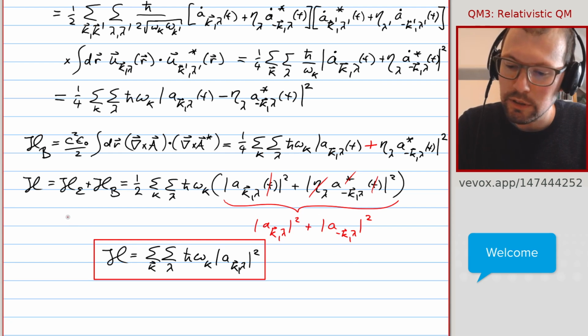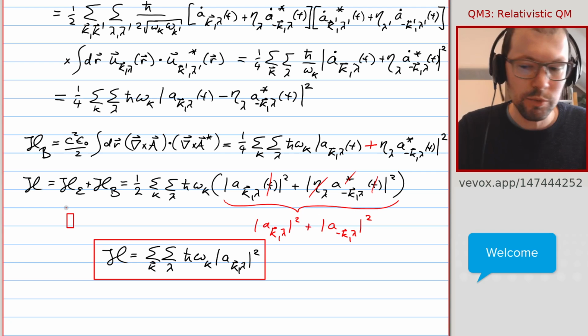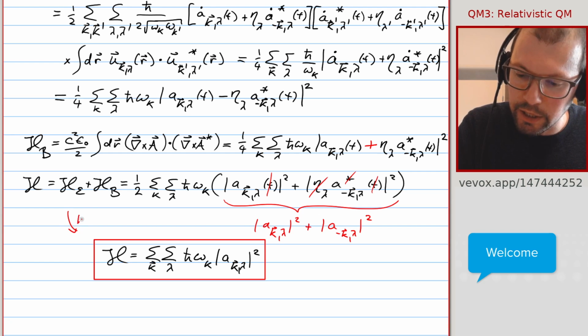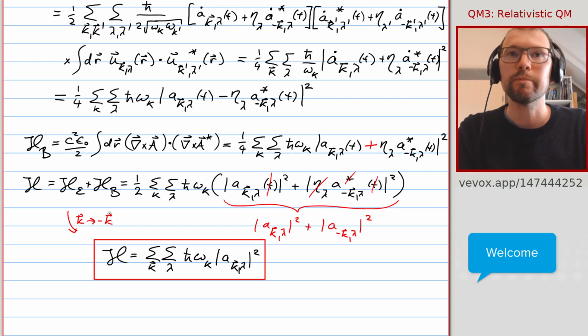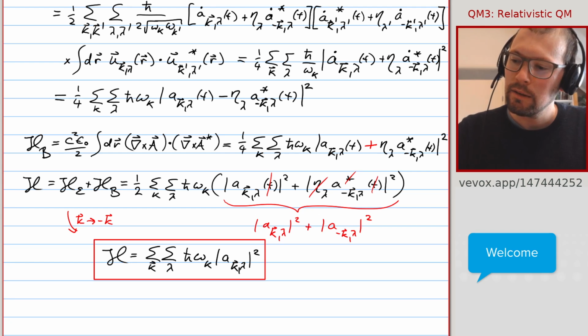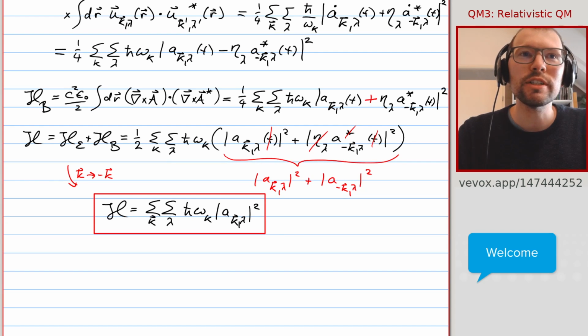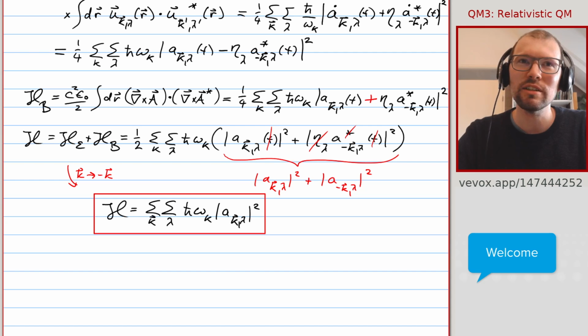Right, so okay, again, using the k going to minus k relabeling. Well, that's quite simple and promising, because the more simple a Hamiltonian is, the easier it will be soon to quantize this.